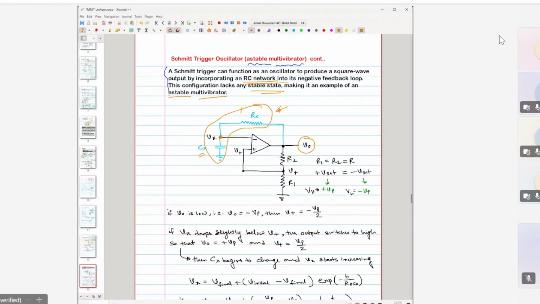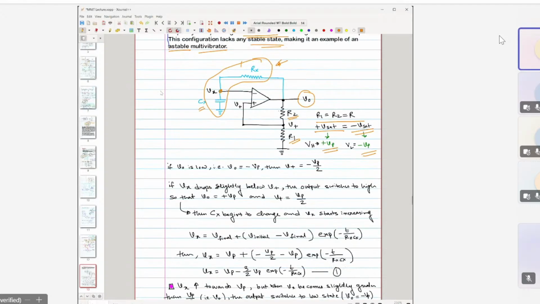To simplify our analysis, we have considered that R2 and R1 are the same and equal to R. And this plus Vsat we have now denoted as plus Vp, and minus Vsat as minus Vp, meaning positive voltage peak and negative voltage peak.